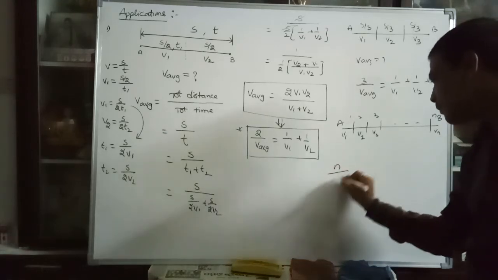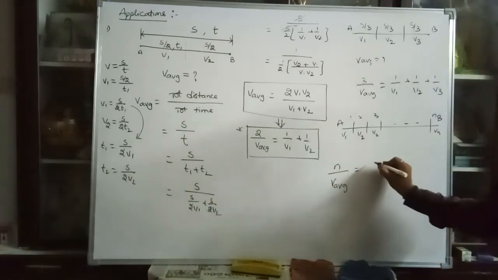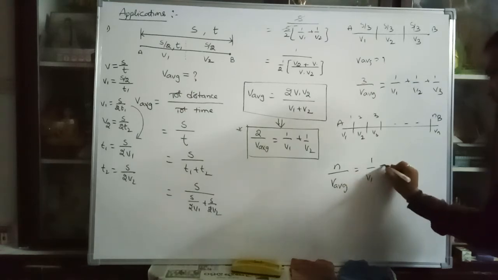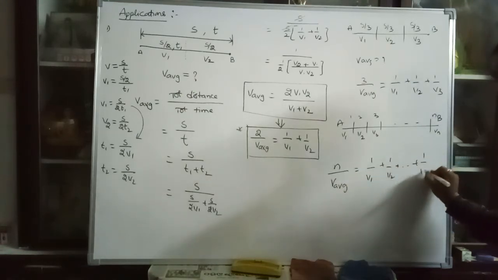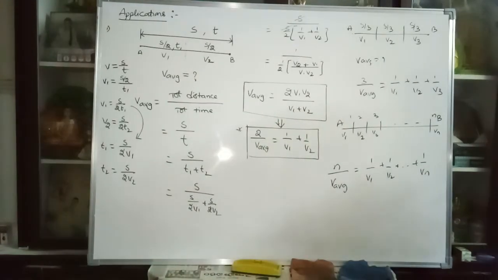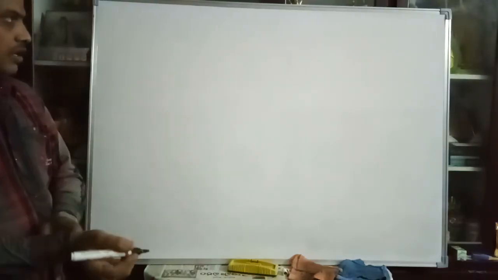So n by v average is equal to 1 by v1 plus 1 by v2 plus so on plus 1 by vn. This is the main application for equal distances covered at different velocities. From an exam point of view, many times one question is given, nothing but an example.